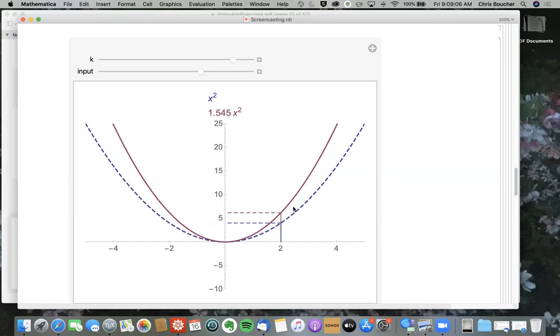Now, it's not the same amount of upward motion at every point. If I move my input value out, when I multiply a bigger number by 1.545, it increases more than when I multiply a smaller number by the same constant. To take an extreme case, down here at x equals 0, the function value on the blue curve is 0, 0 squared is 0.